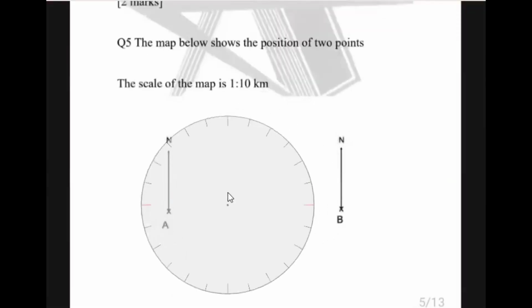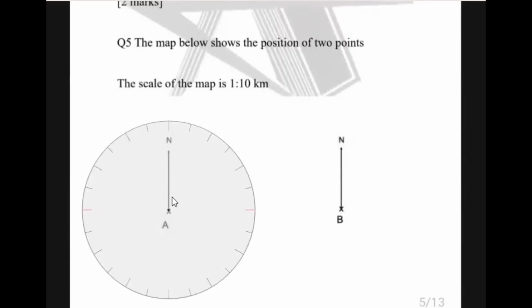With the help of a protractor, we have to draw 100 degrees from A. This is 100 degrees. It's not mentioned how many centimeters it is, so we just have to draw a line stretching infinitely like this.